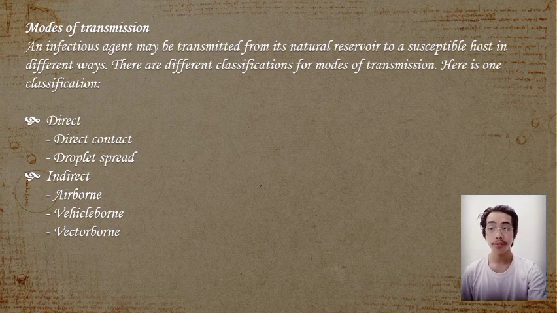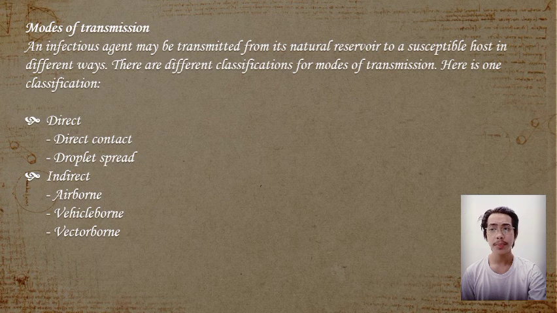Next is vehicle transmission. Vehicle transmission refers to transmission through a contaminated source that may indirectly transmit an infectious agent. This includes food, water, biologic products, and fomites. Fomites are inanimate objects such as handkerchiefs, bedding, or surgical scalpels.